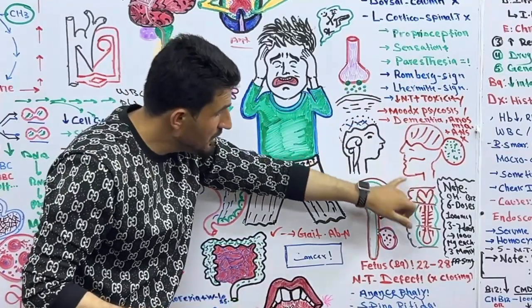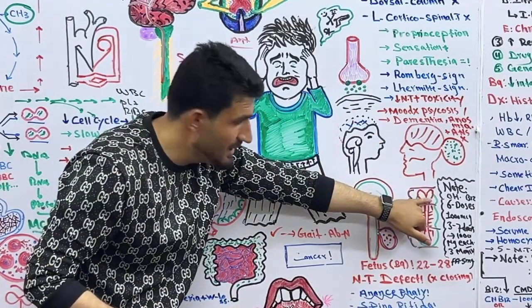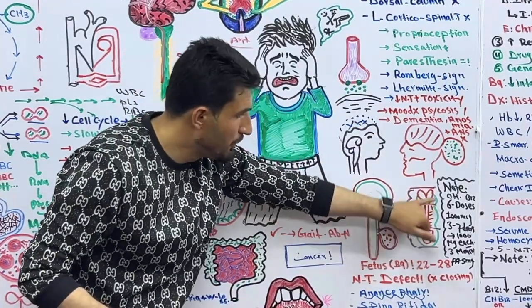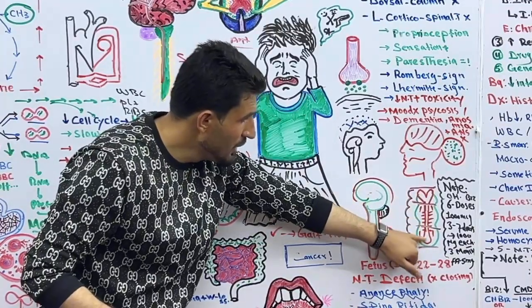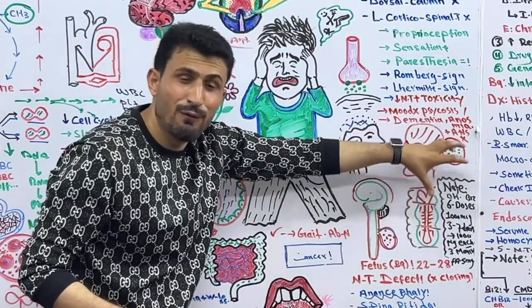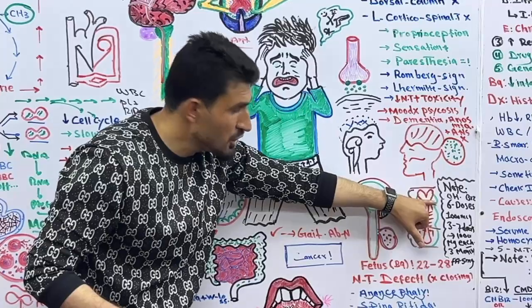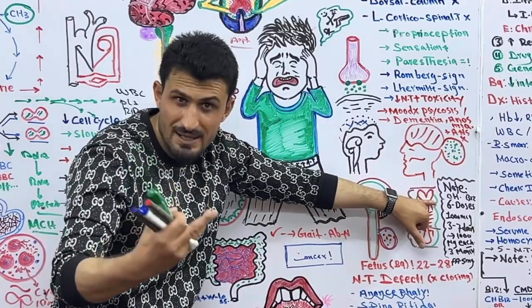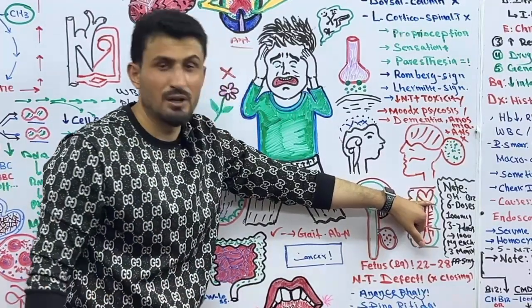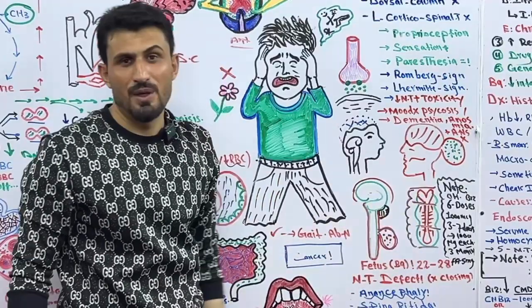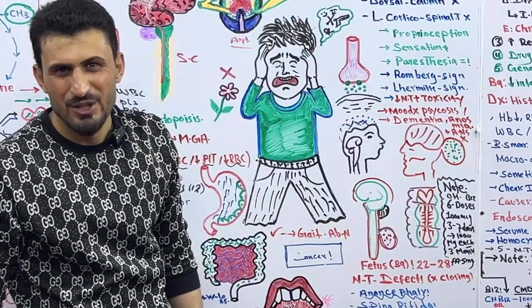Okay, and we need a lot of cells here to close these two portions. Okay, that's why during deficiency of vitamin B9 we will not produce enough cells, and due to less production of cells we cannot close this neural tube.